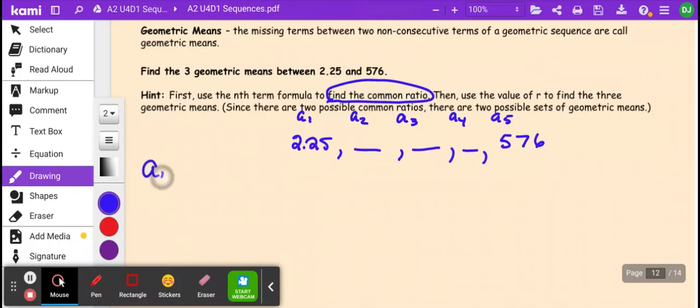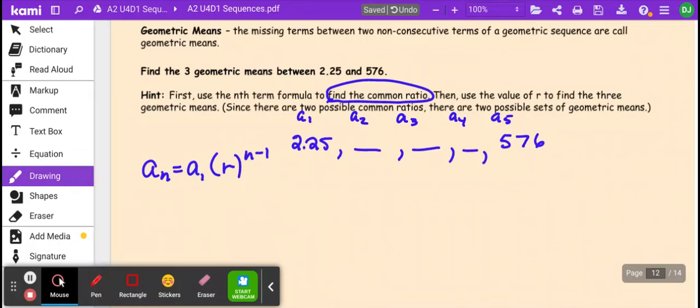So if we want to use the formula, right, let's just remind ourselves that this is the formula for a geometric sequence, right? I can do that because I have an nth term, right? I have 576. I have a first term, right? And I'm looking for the common ratio. And then what term is 576? Well, notice I've counted it out, right?